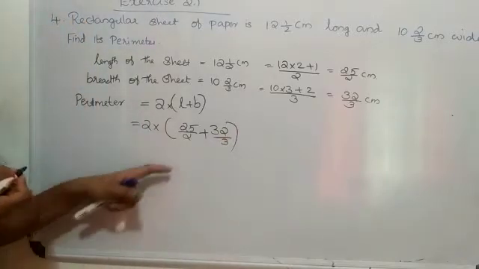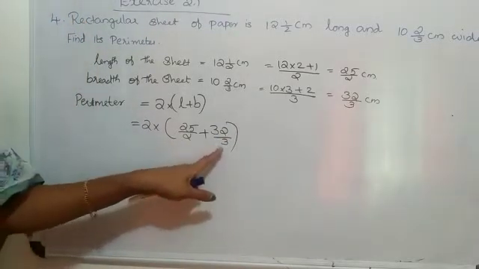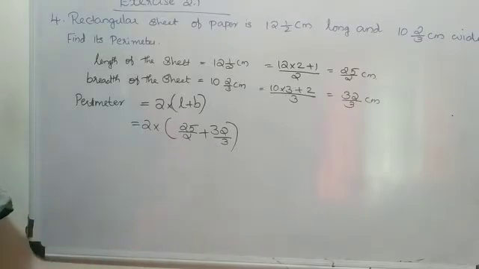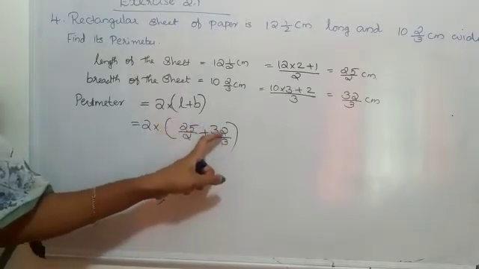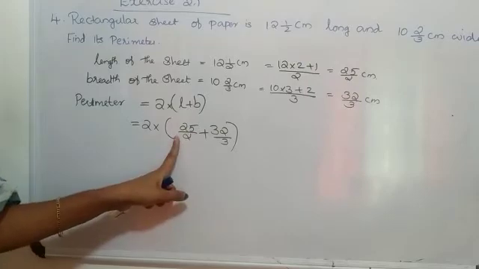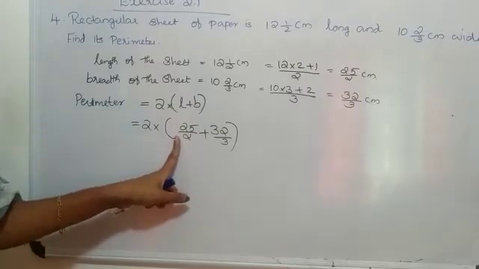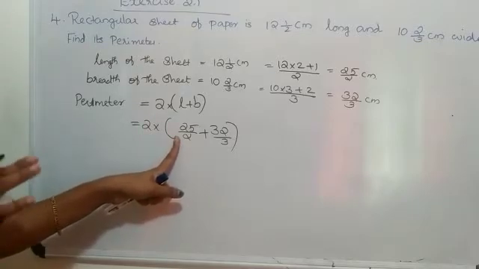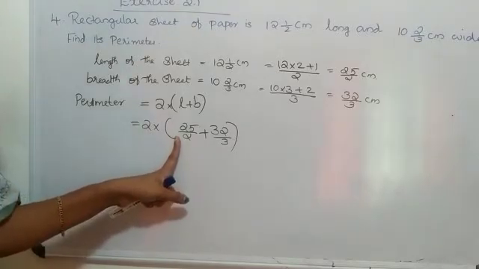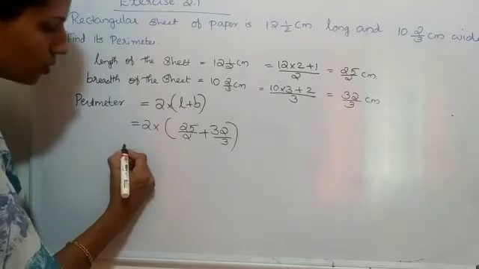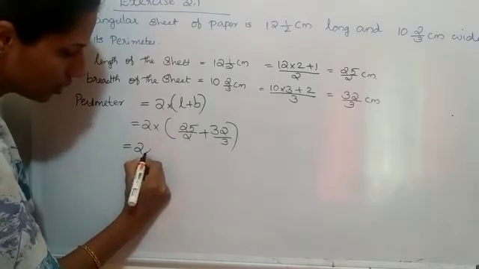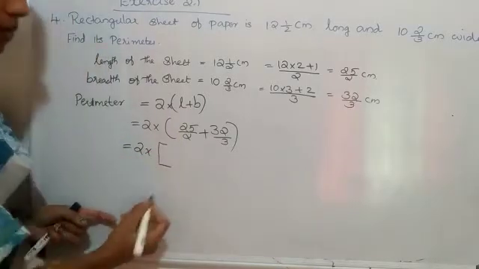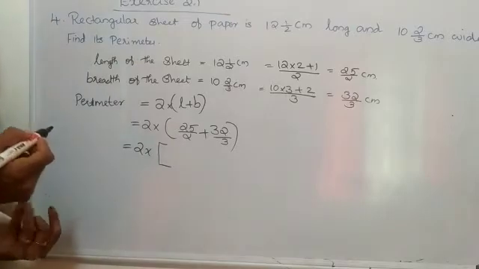Okay. Now what to do? Now see, these are improper fractions, right? Now you can cross multiply the fractions, or you can find the LCM. That is your convenience. So I'm going to discuss here the method of cross multiplication. How to do the cross multiplication? 2 into. How will you do the cross multiplication?